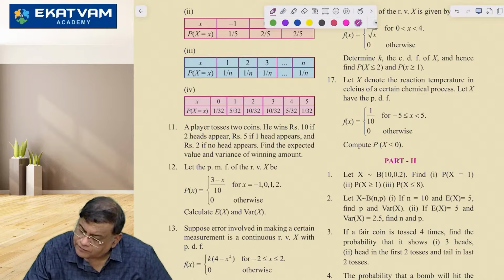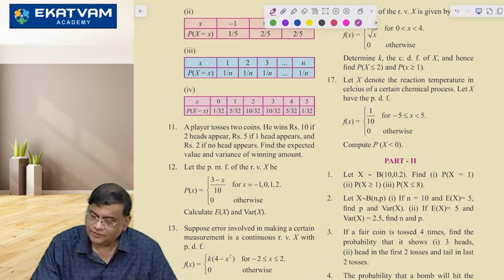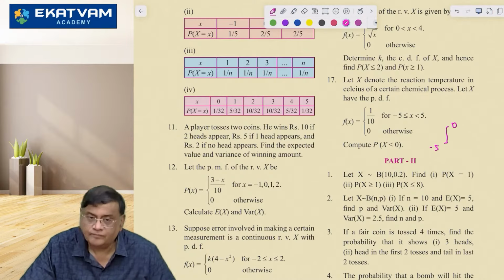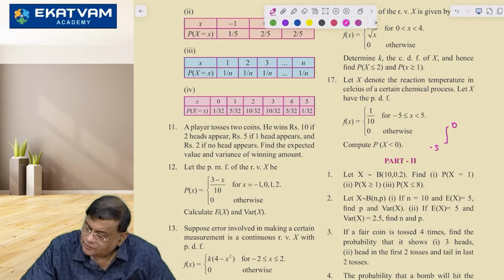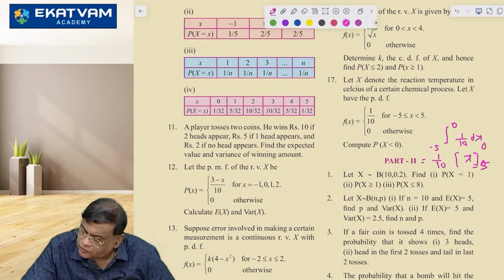X as the PDF given. क्या एक सिंपल क्वेश्चन है. व्हाट इज द प्रोबेबिलिटी ऑफ x इज लेस देन 0. एक ही पूछा है ना प्रोबेबिलिटी, तो यही हम करते हैं. लेस देन 0 बोला है तो -5 to 0. समझा ना? 1/10 dx. तो 1/10 as it is, integration of 1 is x from -5 to 0.